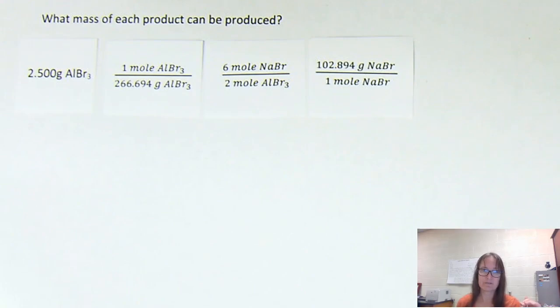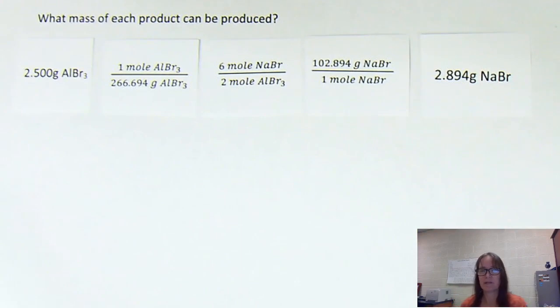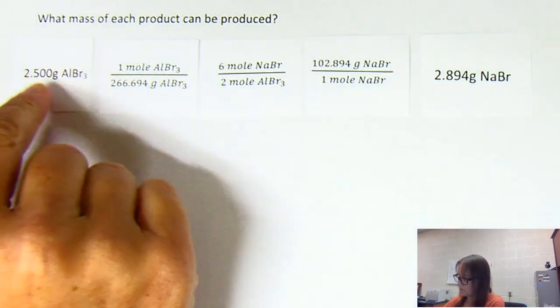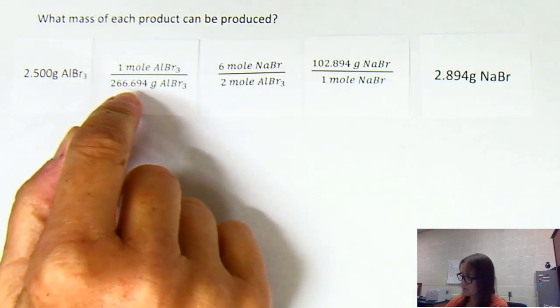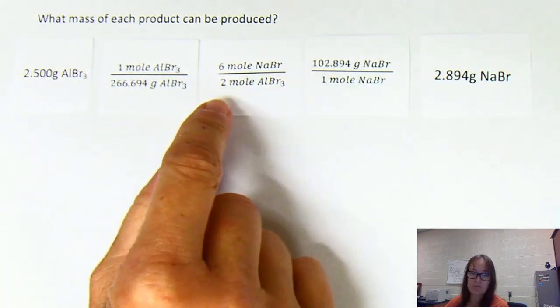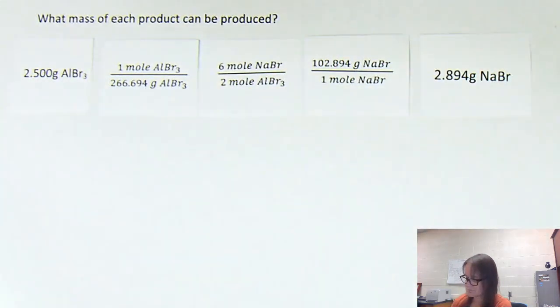The 2.500 grams of aluminum bromide, once it all converts into sodium bromide, the mass would work out to be 2.894 grams of sodium bromide. So this is the theoretical mass of the product sodium bromide. You get this by multiplying across the top, and then you come back and you divide by the 266.694 and the 2 moles. All the units will cancel except for grams of sodium bromide.